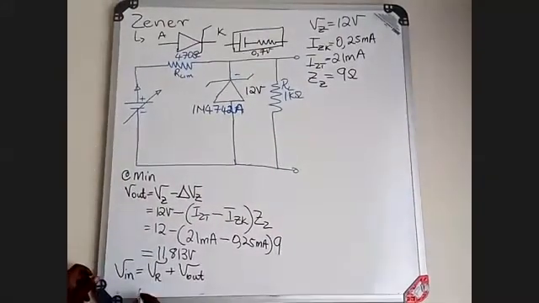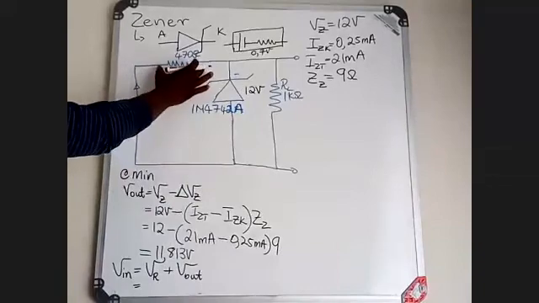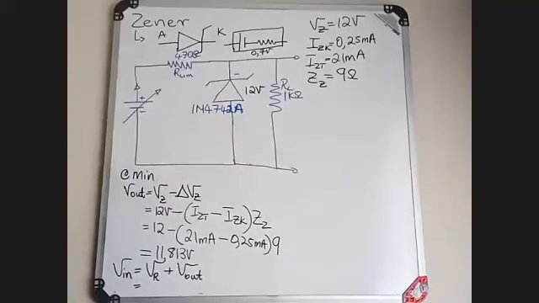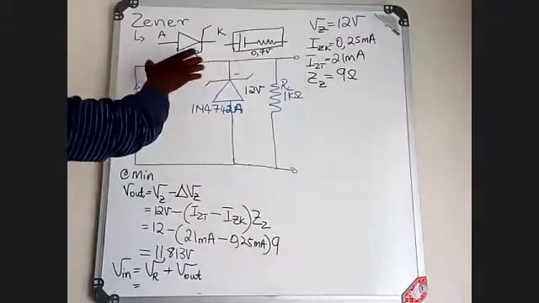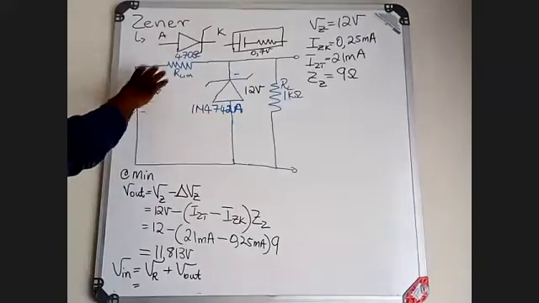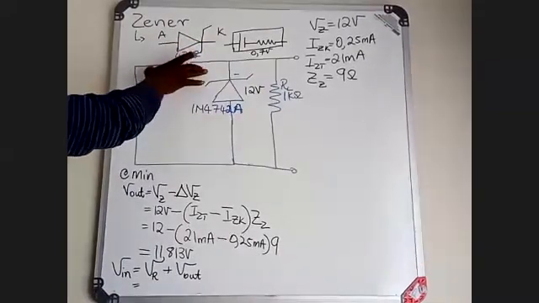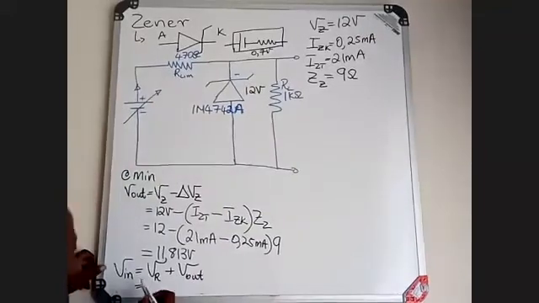Then your VR is the voltage across this component here. Remember, according to Kirchhoff, this voltage plus that voltage must give you that voltage there. Then what is my VR?